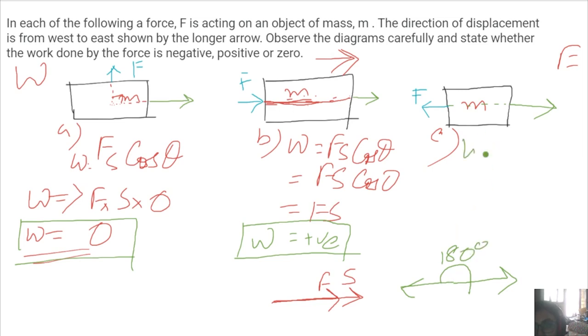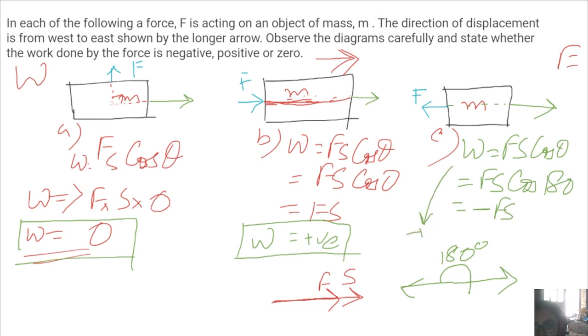So here W equals Fs cos theta, which equals Fs cos 180, and you know cos 180 is minus 1, so it will be minus Fs. So here work done is negative. We get that in the first case work done is 0, in the second case work done is positive, and in the third case work done is negative.